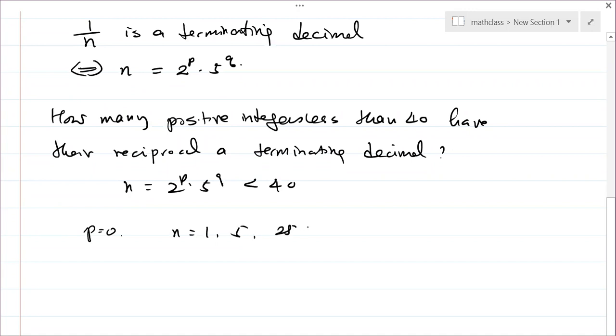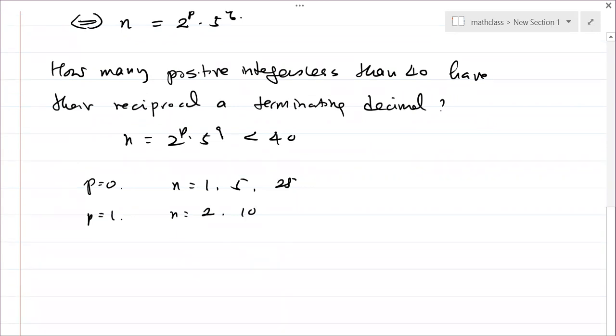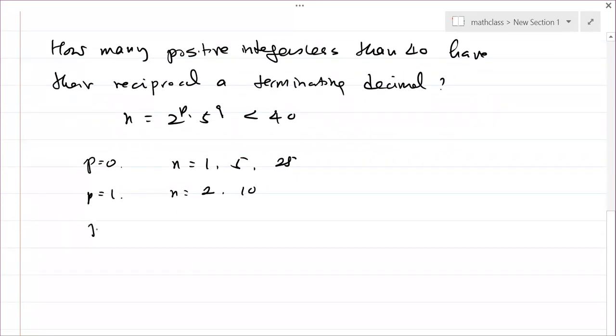Then you look at p equals 1, n equals just multiply by 2: 2 and 10. 2 times 25 is already too big. So p equals 2, n is going to be 4, and 4 times 5 is 20.